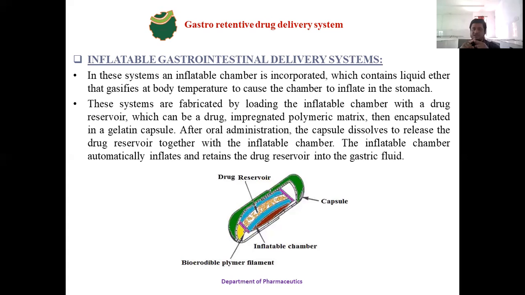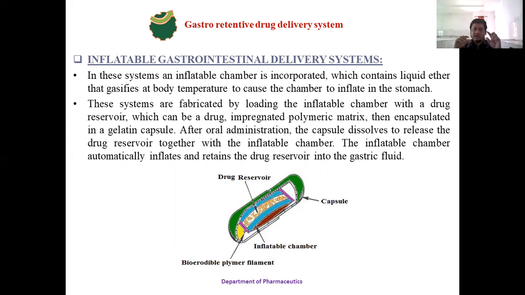So one chamber is there. That chamber contains a drug reservoir and a particular liquid which will gasify at body temperature. Now the total chamber is packed in a capsule.